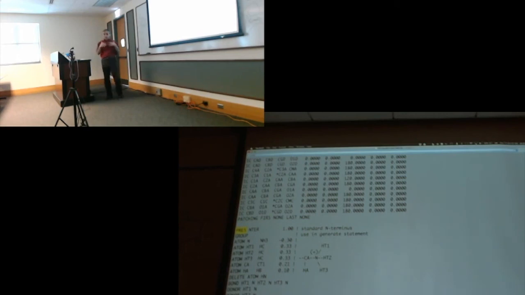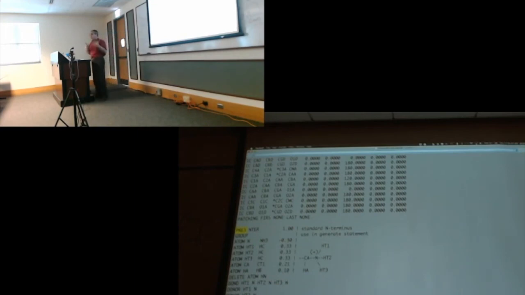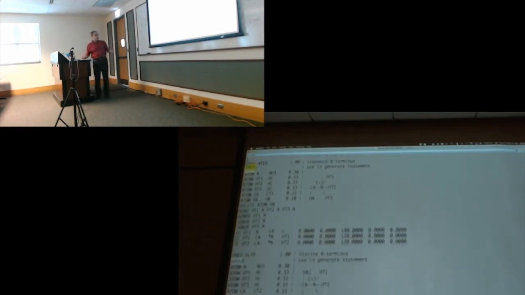That's why I recommend using neutral patches. There are neutral patches down there that do not introduce this extra positive charge somewhere it shouldn't be. And for most cases, these are exposed to solution. It doesn't really matter, but I find neutral patches a better representation of a position right in the middle of the polypeptide chain.